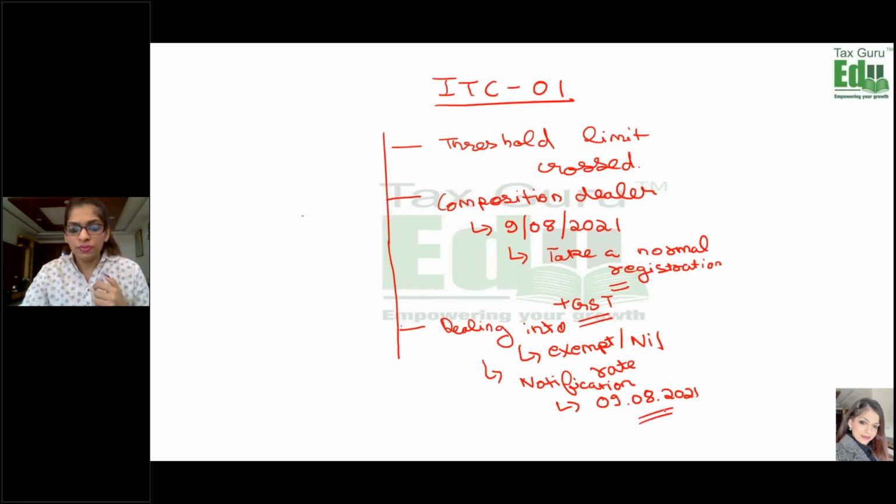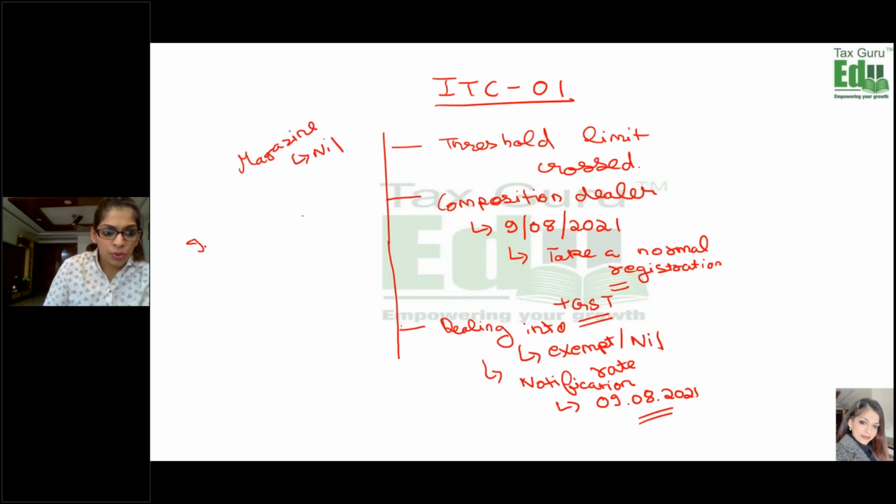For example, again, I'm taking a similar example for nil rated items. I am a dealer of magazines. I am dealing in the sale of magazines. Magazine is a nil rated item. But what are the inputs which are used in the production of magazines?